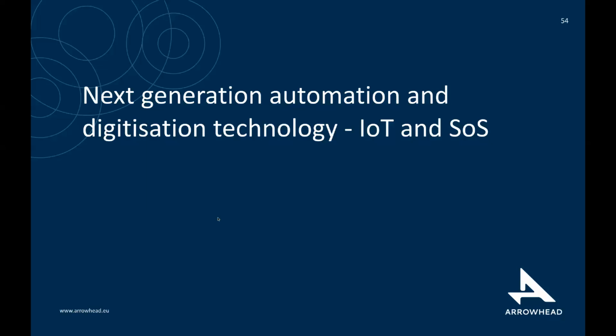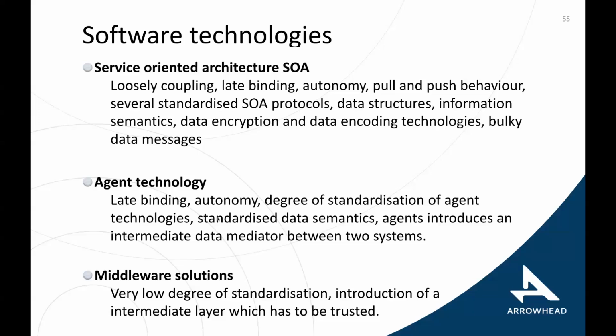So the next generation automation and digitization technologies based on IoT and system of systems, how will that look like, and what do we see right now? It's very clear that I would say almost all approaches we see today are based on service-oriented architecture.